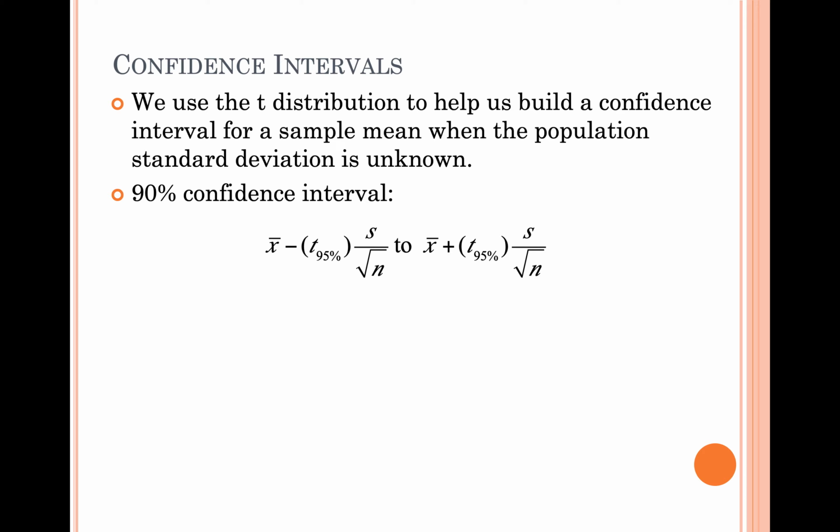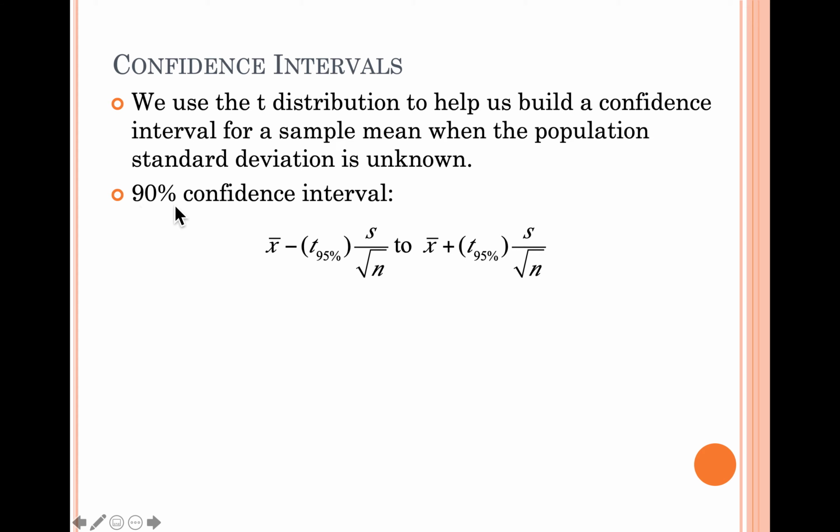A 90% confidence interval is very similar in general form to the confidence interval for a population using the population standard deviation. The difference is you use the sample standard deviation in the numerator here, and instead of z-scores, we're going to be using t-scores.